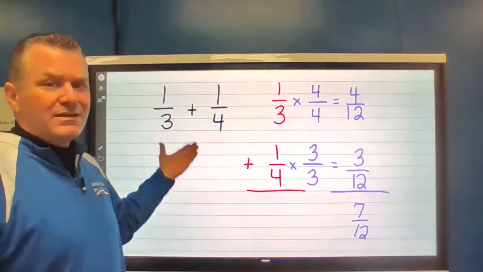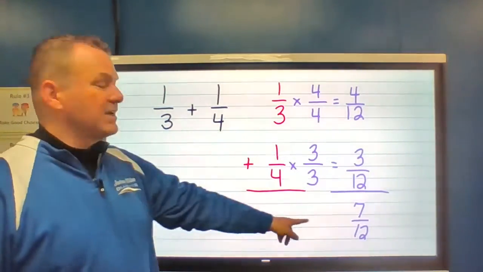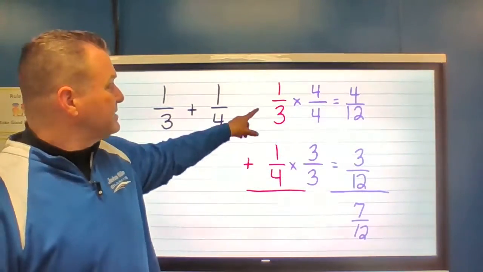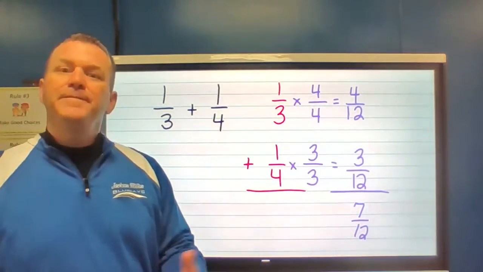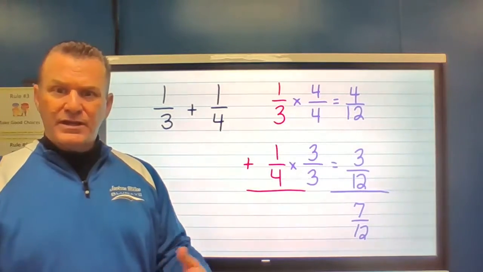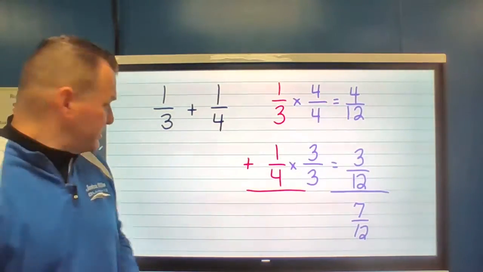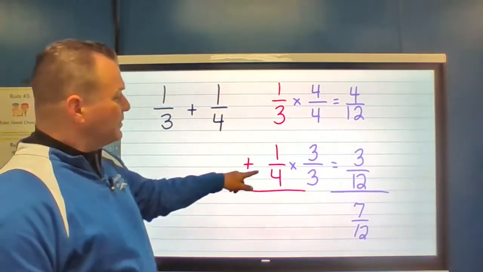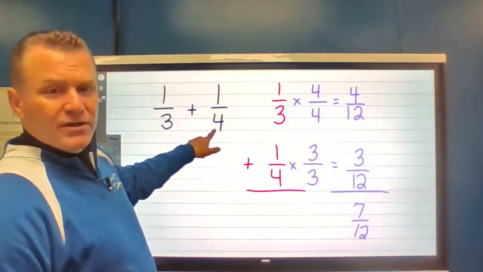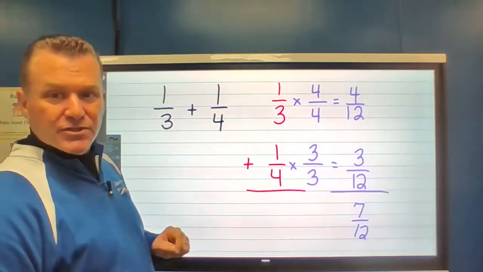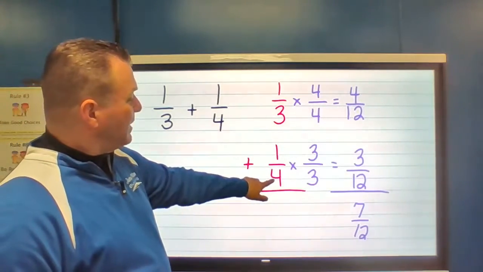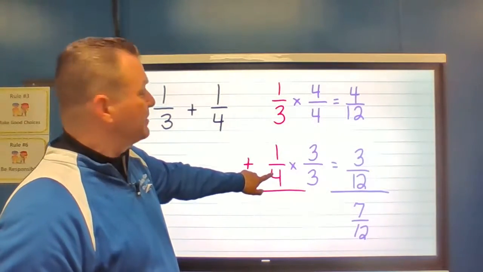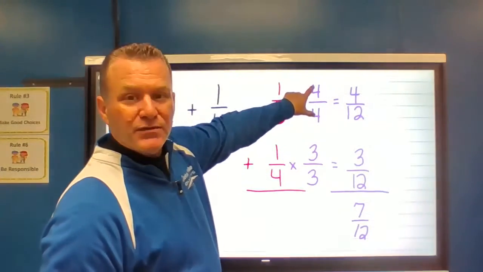And you can see that there's no way I can add these together unless I find common denominators. And in this case, between 3 and 4, it was 12. I could get them both to 12. And if you notice that my one denominator is 4 and the other one is 3, what I did with 1/3 is I basically took this denominator and put it as 4/4.